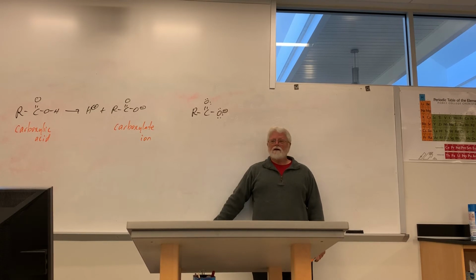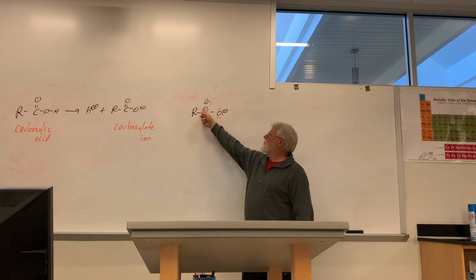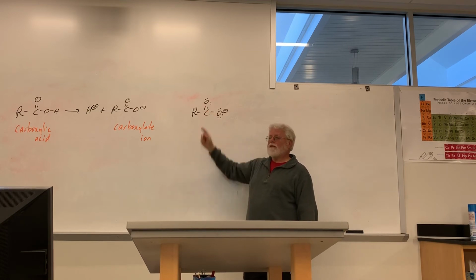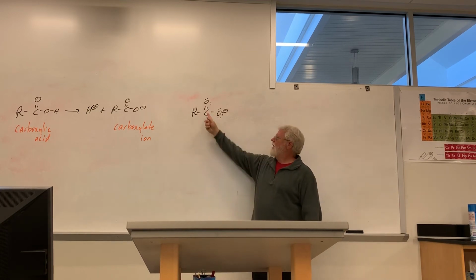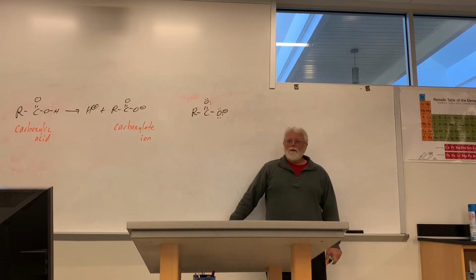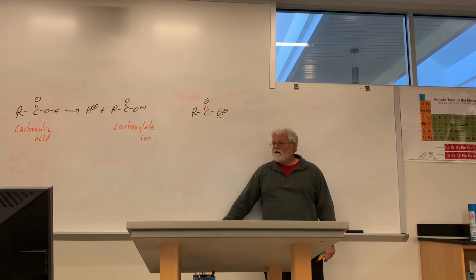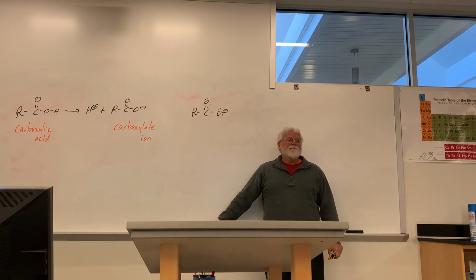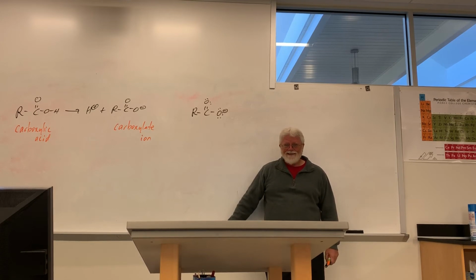But that's wrong. What's the difference between these two bonds? It looks like this oxygen is pi bonded to the carbon and this one isn't. But that's wrong. There's another magic word. Resonance.